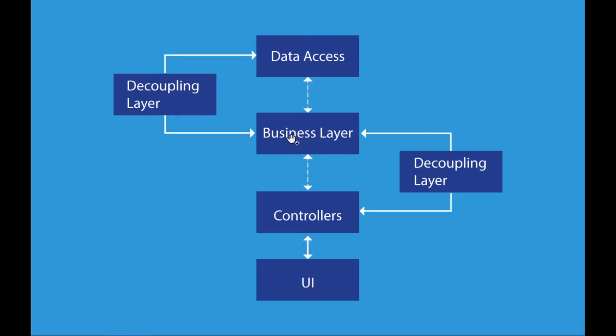And similarly this business layer depends on decoupling layer, and this data access uses this decoupling layer. And suddenly you can see that the traditional flow is now inverted, we have managed to disrupt the traditional flow.